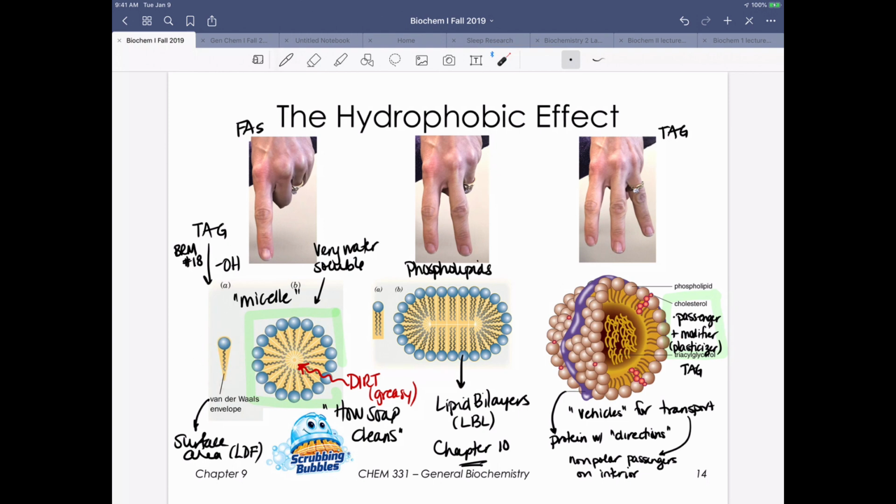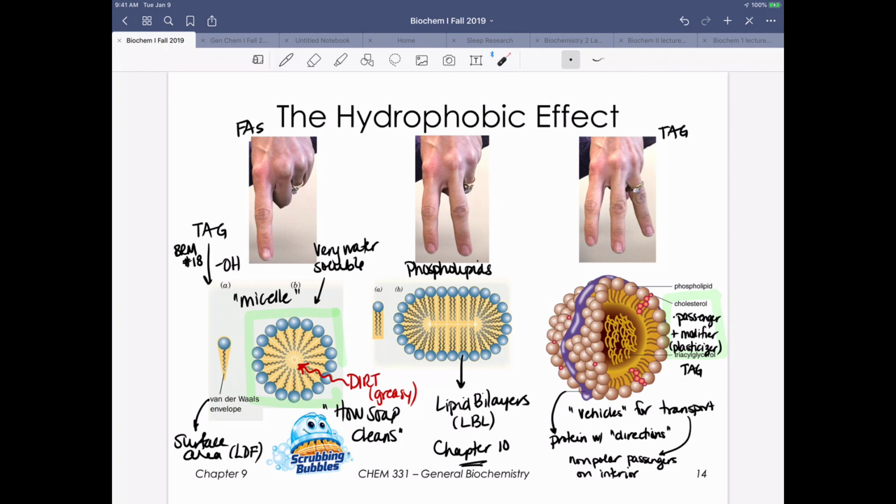Well, if we remember the hydrophobic effect, the tendency of nonpolar substances to minimize their contact with water, we're going to have these guys associate so that their hydrophobic tails will all be next to one another, and they will form the center of a spherical shape called a micelle, where it's surrounded on the outside by these polar head groups. So we have these little spheres that are greasy on the inside, hydrophilic on the outside. So that hydrophilic outside makes these little spheres very water soluble.